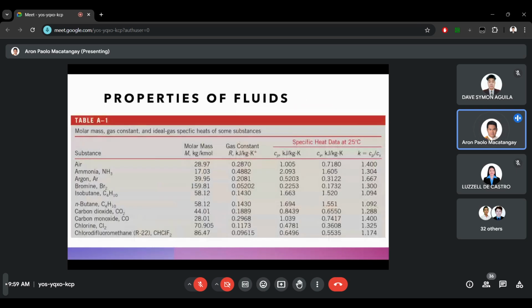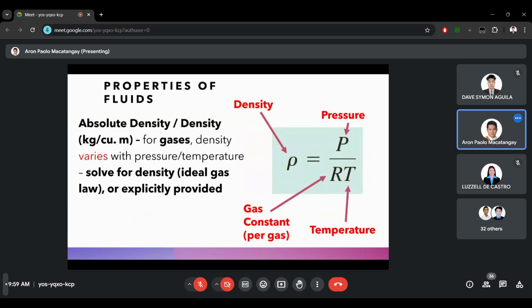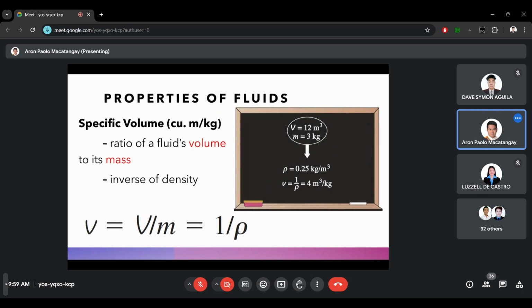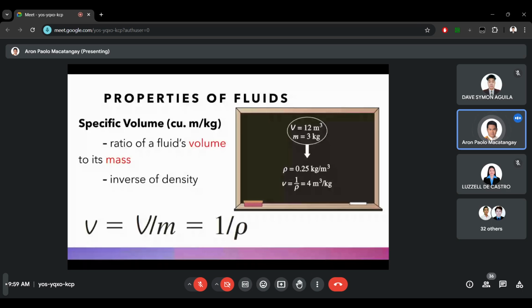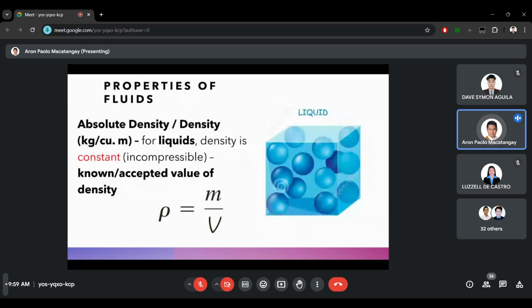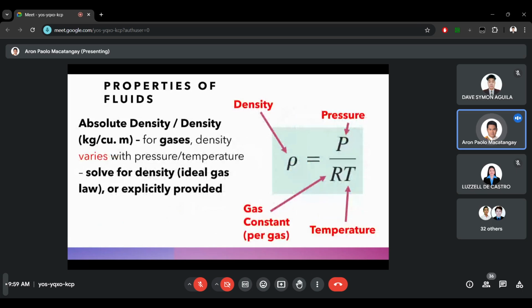Okay? Any question? So for today, our discussion and examples would revolve around density. Specific volume we will just lightly tackle, but my most important thing for today is density: density for liquids and density for gases.